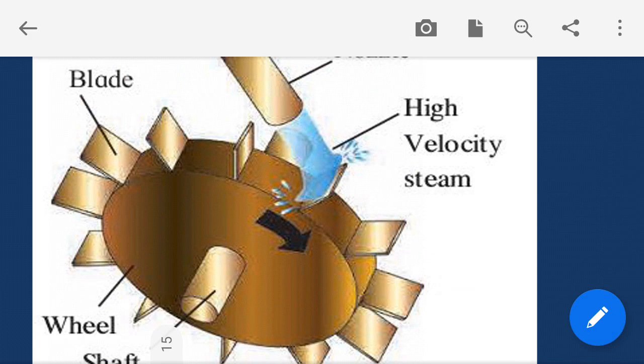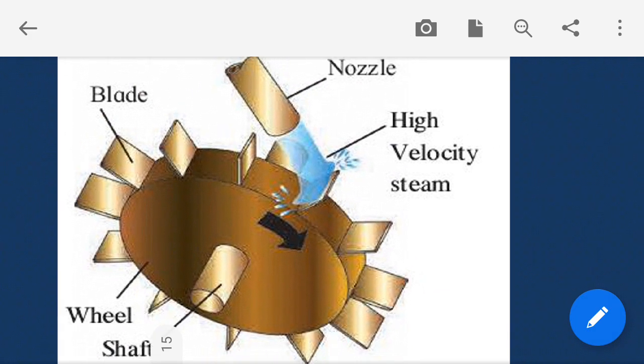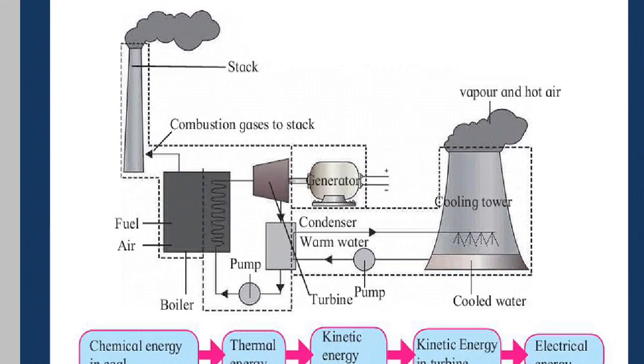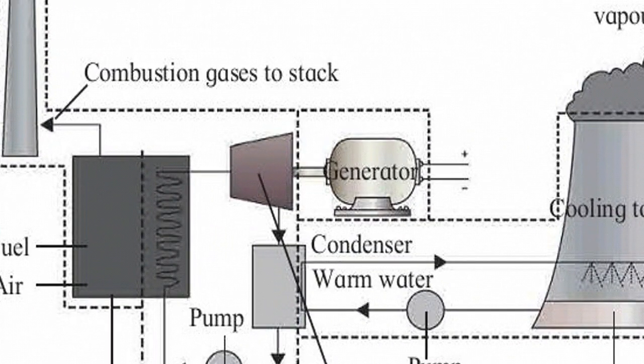When high velocity steam strikes these blades, they start rotating. And when the blades start rotating, the shaft which is connected to the generator also starts rotating, the magnetic field is also rotating, and we get electricity at the output. In this way, in this part we have generated electricity.